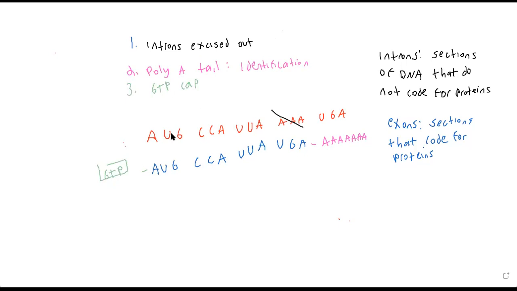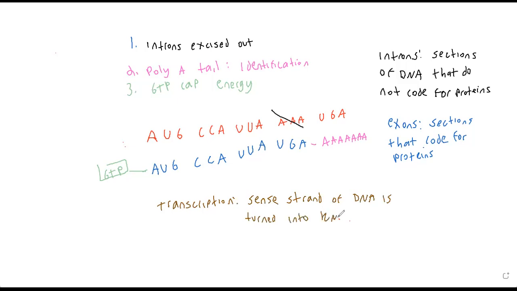It's going to be for energy. Now, this is going to be the end of the process called transcription. So we just went through transcription where the sense strand of DNA is turned into RNA.